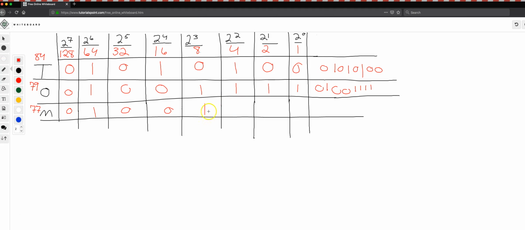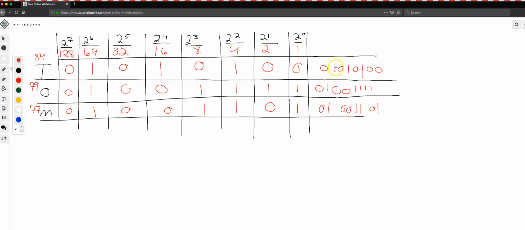Then 72 plus 4 is 76. 76 plus 2 will be 78, so we don't want that one. And 76 plus 1 will be 77. So here we have the letter M as well. In binary, M will be represented by 0, 1, 0, 0, 1, 1, 0, 1.